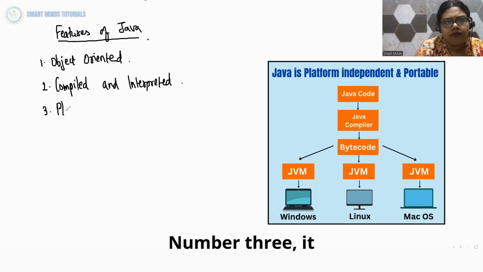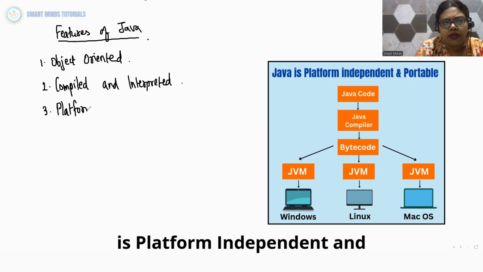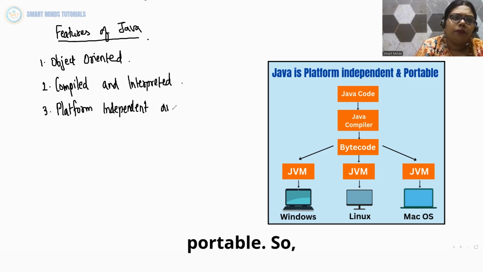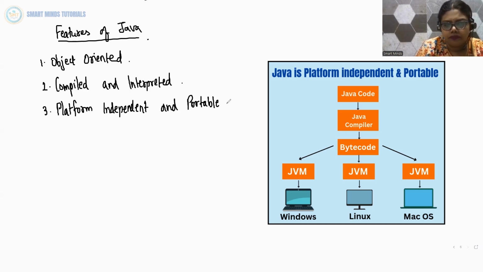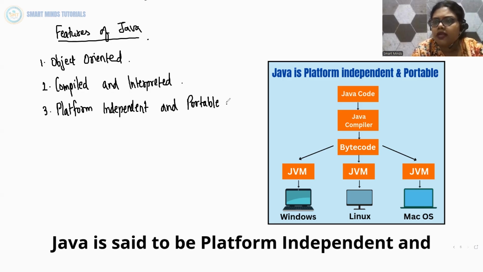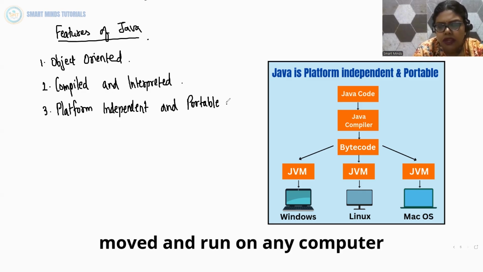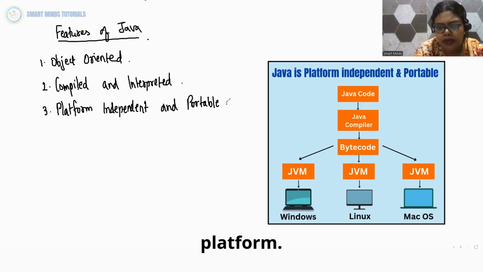Number three, it is platform independent and portable. Java is said to be platform independent and portable since its program can be moved and run on any computer platform.